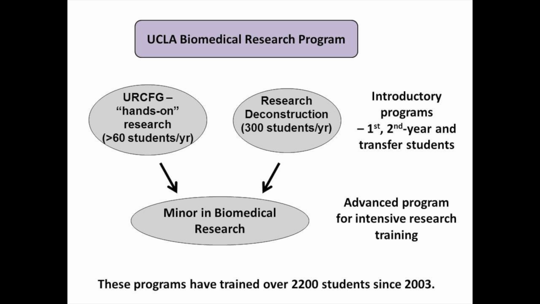So this biomedical research program at UCLA that we have developed together has 3 different components. One is called URCFG. This is the worst acronym that one can come up with in the entire world. It's difficult to remember what it means, but I think it's Undergraduate Research Consortium in Functional Genomics.